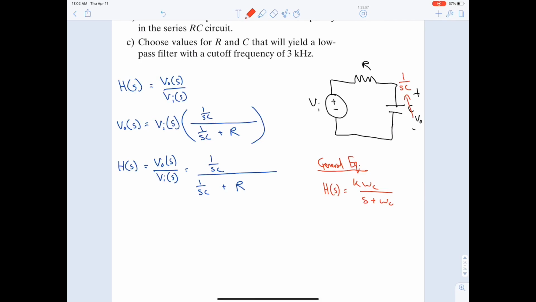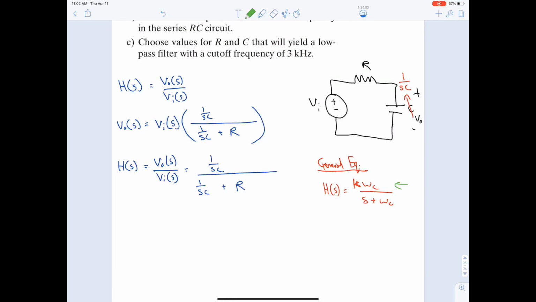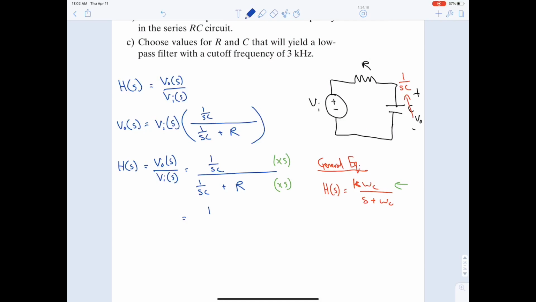Okay, so we said earlier that we need to focus on the S's in the numerator. Do we have an S? There's no S. Do we have an S here? Yes, there is an S. So we need to get rid of this S. How do we get rid of this S? We multiply by S, and we do the same thing in the denominator. This will result in 1 over C divided by 1 over C plus RS.